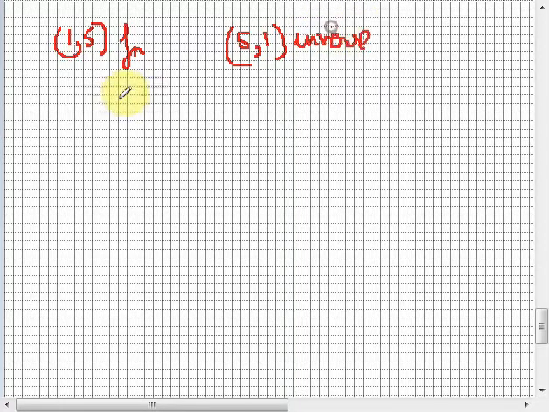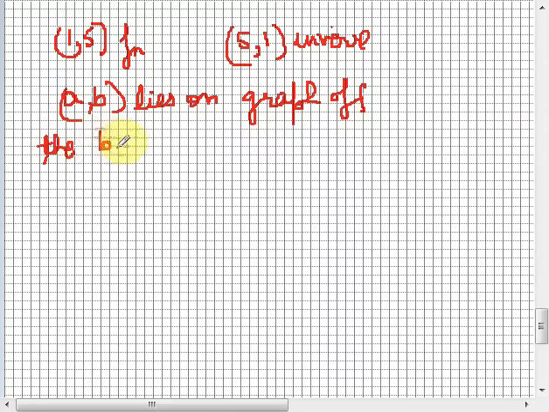That is, suppose (a, b) lies on the graph of f, then (b, a) lies on the graph of f inverse.